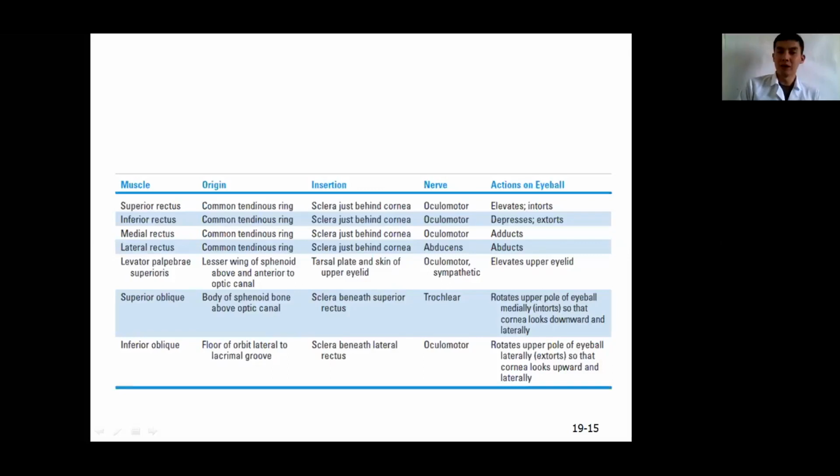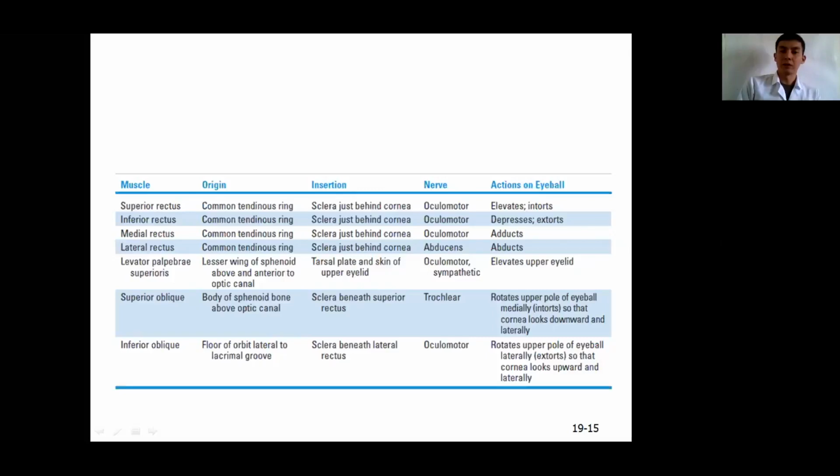And two oblique muscles are placed within the orbit: the superior oblique and inferior oblique muscles. Superior oblique originates from the body of the sphenoid bone above the optic canal and inserts to the sclera beneath the superior rectus muscle, is innervated by the trochlear nerve and rotates the upper pole of the eyeball medially.